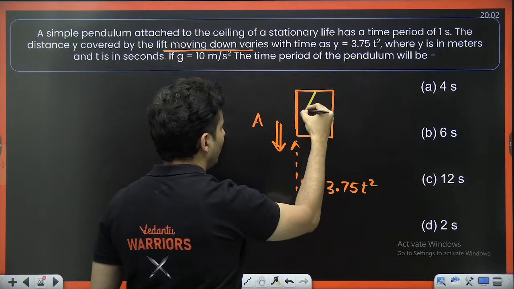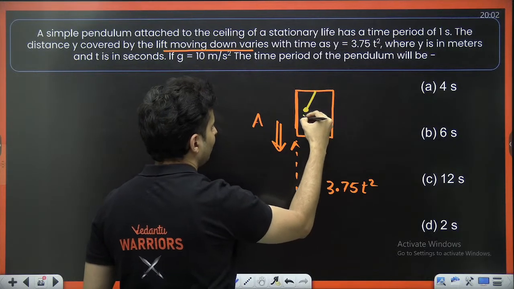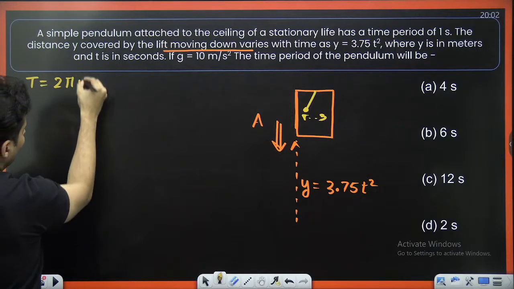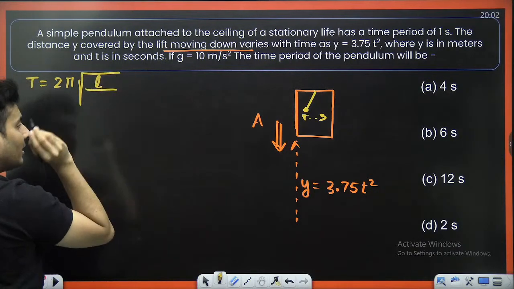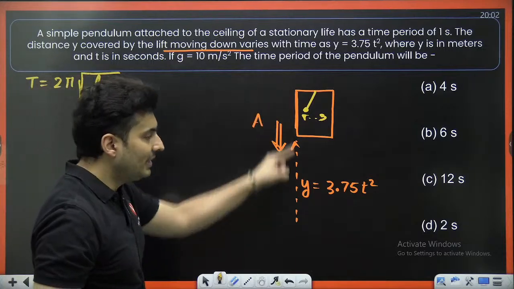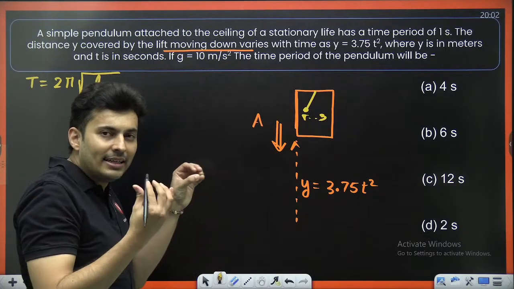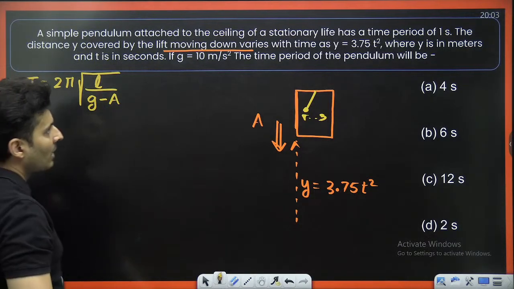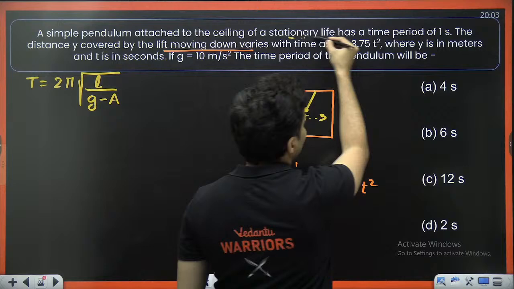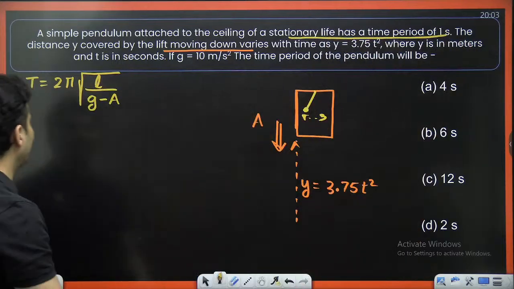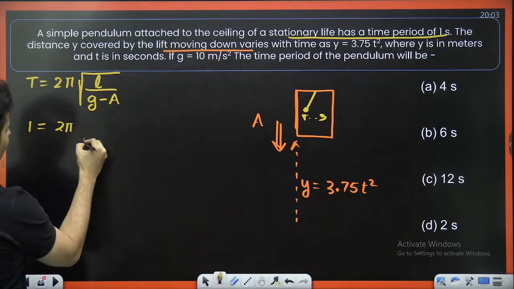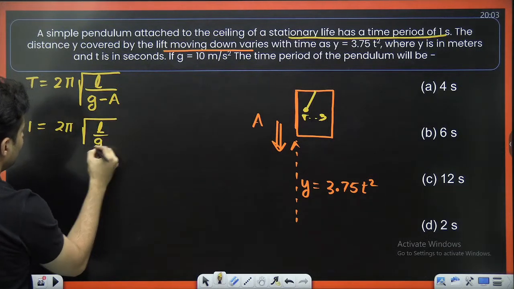So the pendulum over here, when it oscillates, the time period of that pendulum will be 2 pi root L by the effective G. Because it is going down, you will feel a little bit less weight. So it should be G minus A. When it was stationary, the time period was 1 second and the gravity would have been just G.